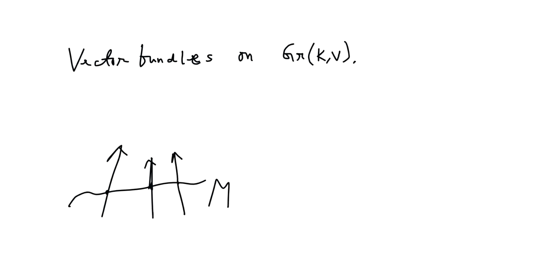So roughly that is what a vector bundle is. So tangent bundle is a special case of the vector bundle, where at each point your vector space is precisely the tangent space. So on GR(k,V) there is this tautological bundle.